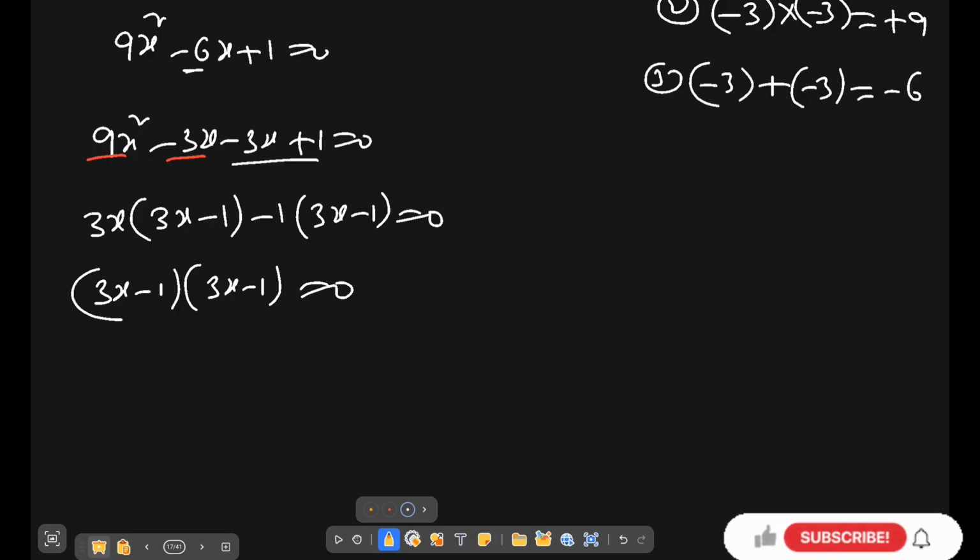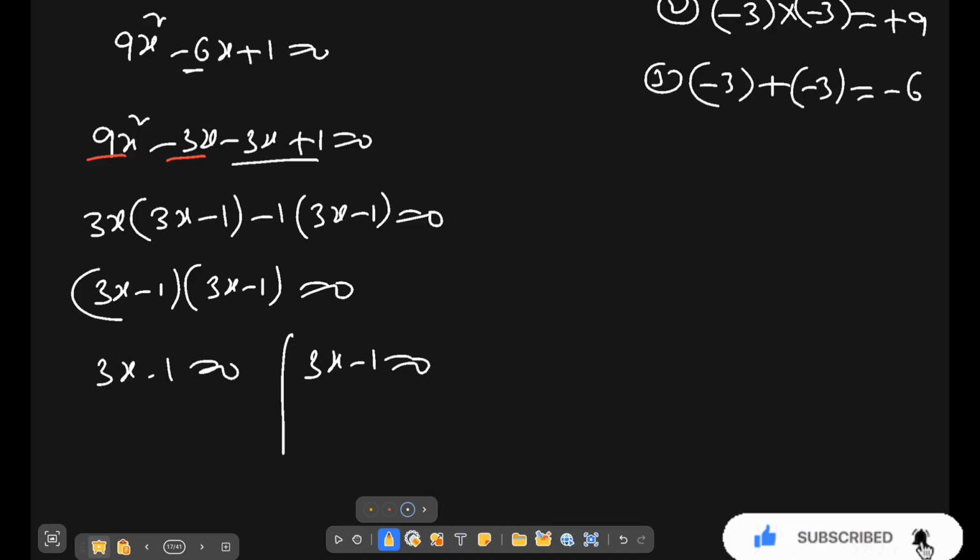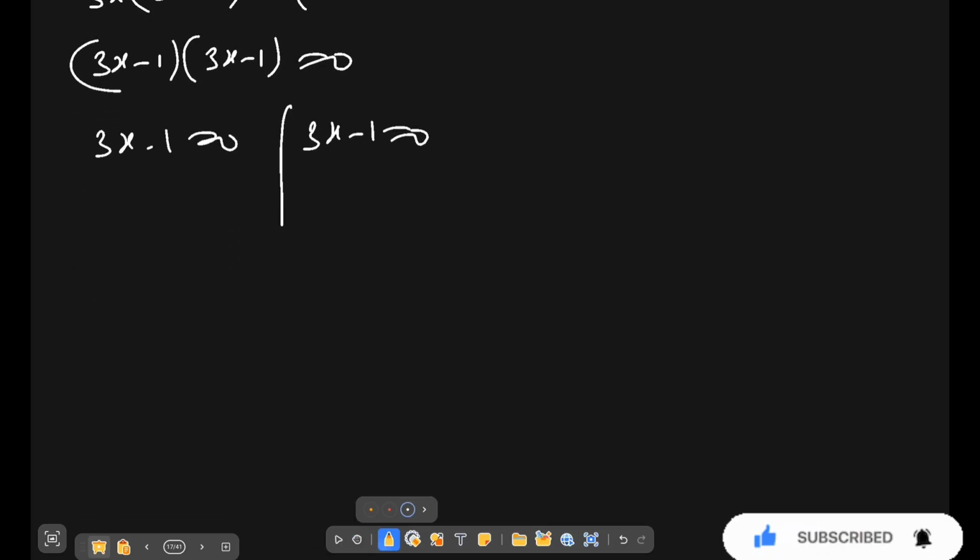So now we can write this as 3x minus 1 equal to 0 or 3x minus 1 is equals to 0. So here 3x is equals to 1 and x is equals to 1 by 3.